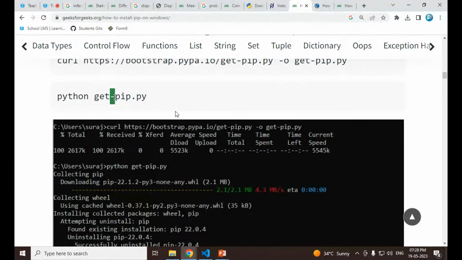The dollar sign, what is the answer? Slash. Python was not recognized, but can be used.